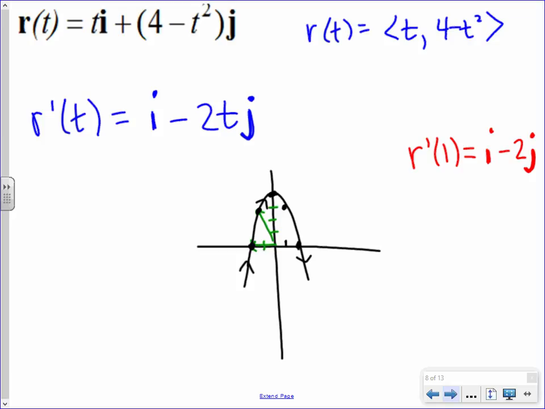All right. Since this is the derivative at 1, what kind of vector is that? There we go. So if I were to take this coordinate and draw the vector i minus 2j, it is tangent to our curve.